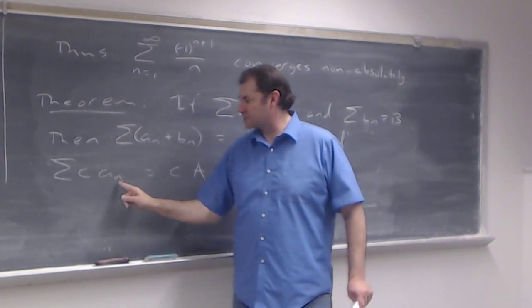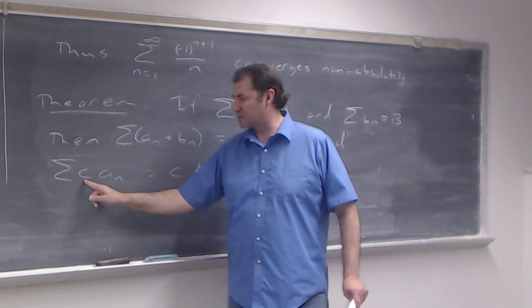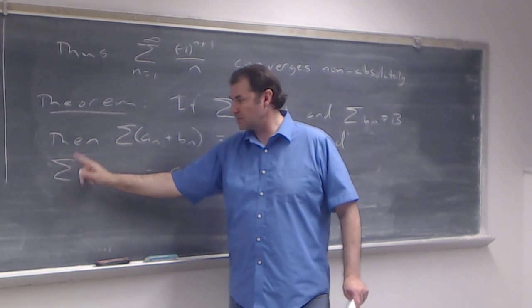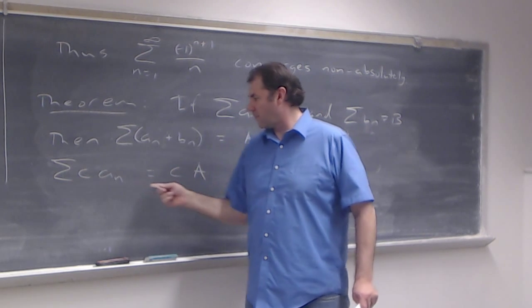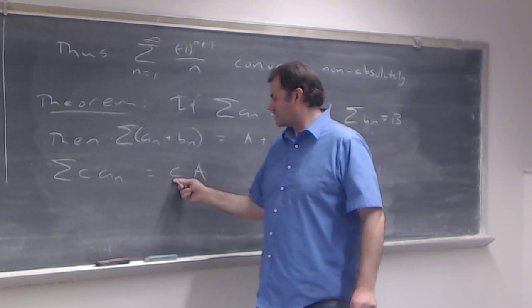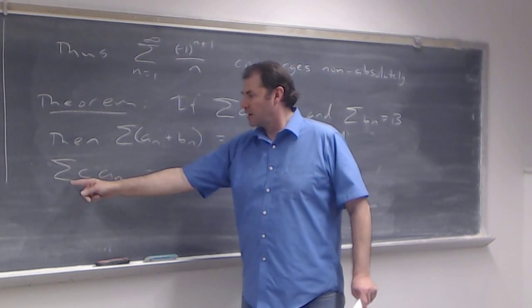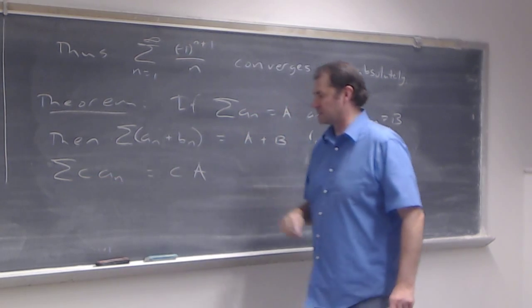And if you give me a convergent series and multiply each one of its terms by a constant, and you add that up, then what that converges to is c times what the sum of the a sub n's is.